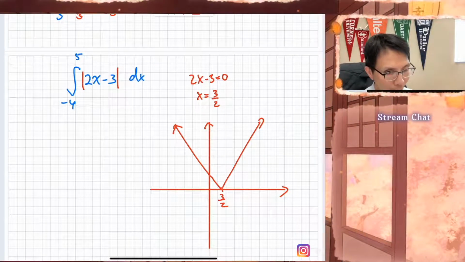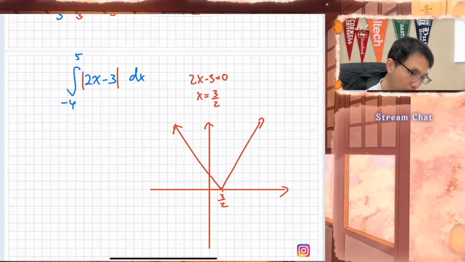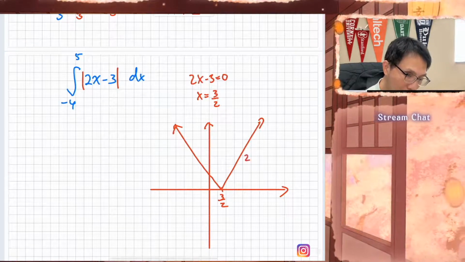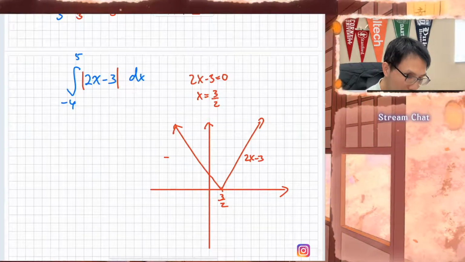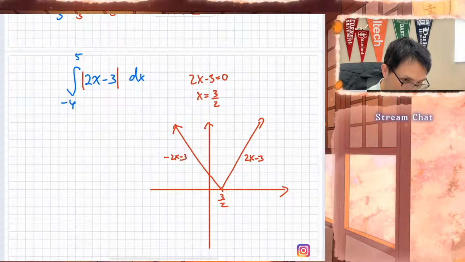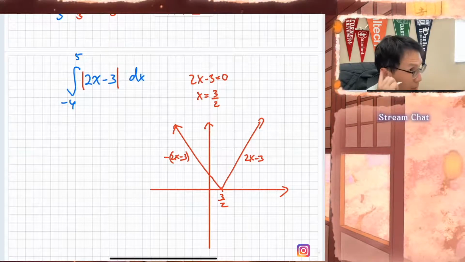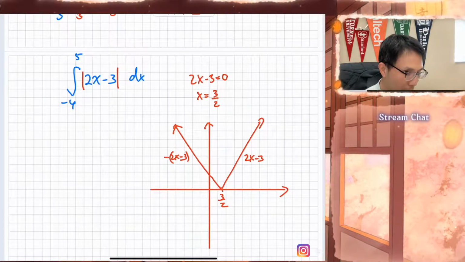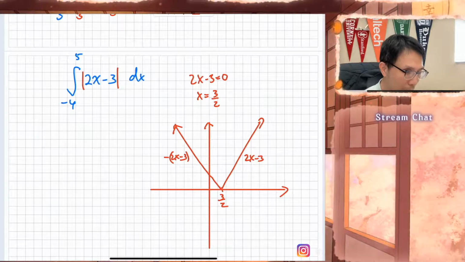Then if you were to do it normally, what would you do? This side of the function is called the 2x minus 3 function, and this side is called the -2x minus 3 function. Does that make sense so far? Because it's just a piecewise function. One is the positive version of the absolute value, one is the negative version.